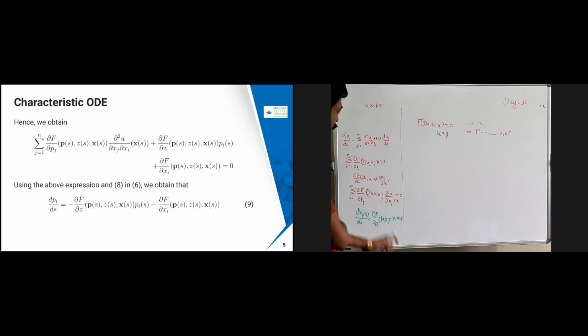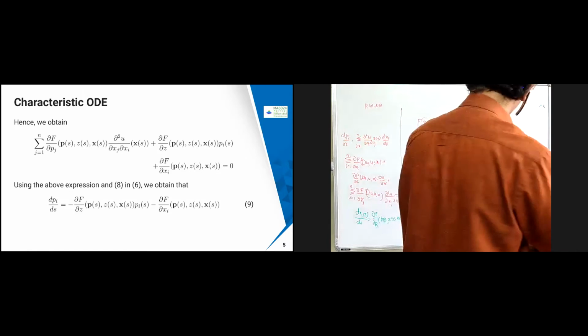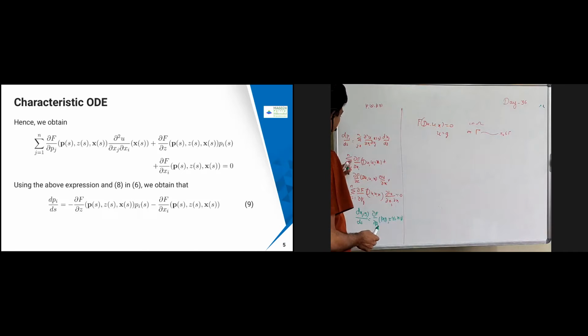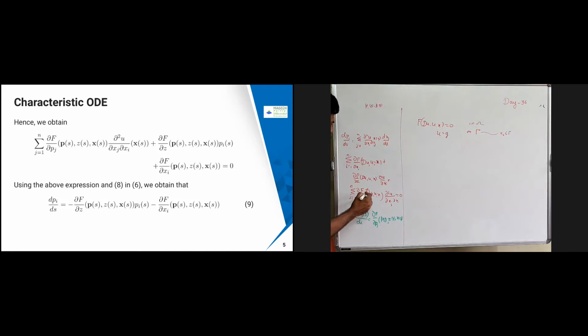So the same thing, whatever I have written in the previous slide, I have written here. Wherever I have the u of x, first I am going to change everything to p of s and x of s. So wherever I have P of u, etc., I am going to replace that as P of s, this is going to become Z of s, and this is x of s.